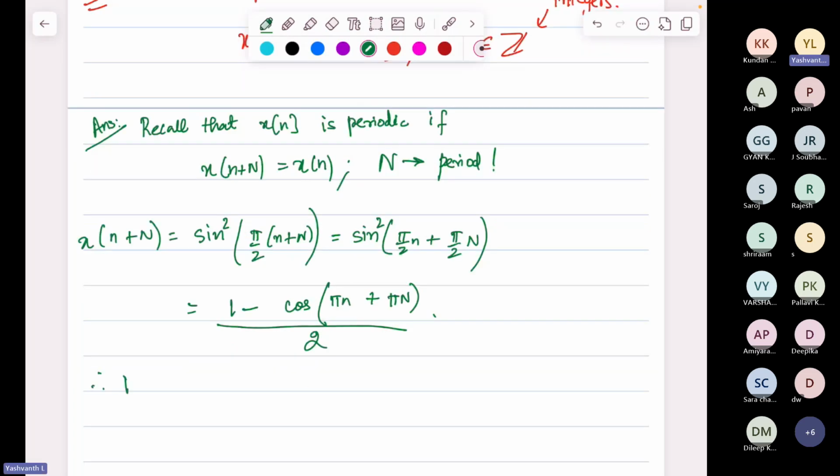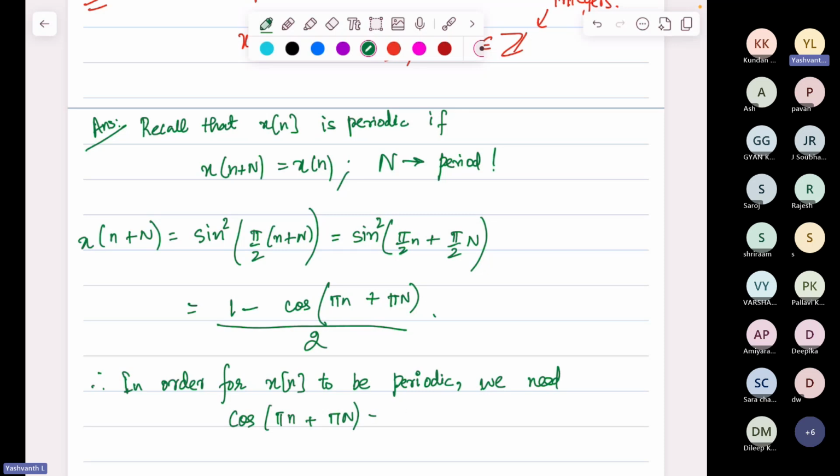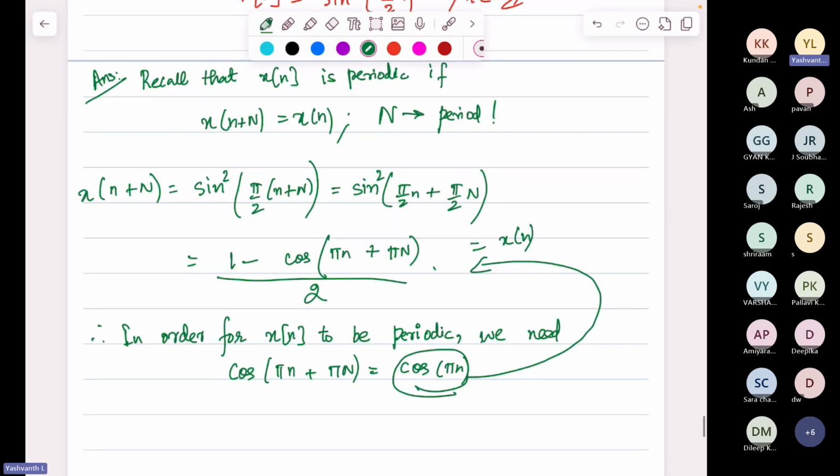Therefore, in order for x of n to be periodic, we need cos of pi n plus pi capital N to be equal to cos of pi small n. Why? Because this will ensure that this becomes equal to x of n back. So we just need to ensure cos of pi small n plus pi capital N equals cos of pi small n. That's all.